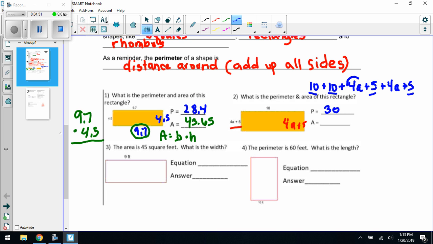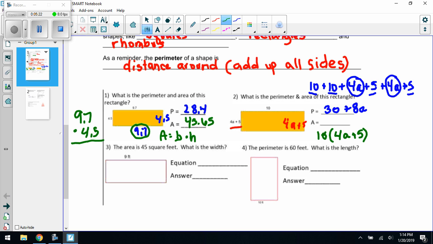And then I'm going to just circle my variables. I have 4a's plus 4a's, so altogether we have 8a, and we are done because we can't combine like terms any further. To find area, same formula as in number 1. However, we do have variables, as you can see, so we're going to do 10 times 4a plus 5.